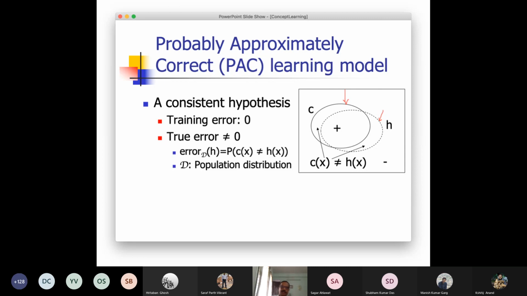So we consider the distribution of the instance space, the population distribution. With respect to a hypothesis, there is a probability that certain outputs may not be the same as the output of the hypothesis. We call that basically the error.